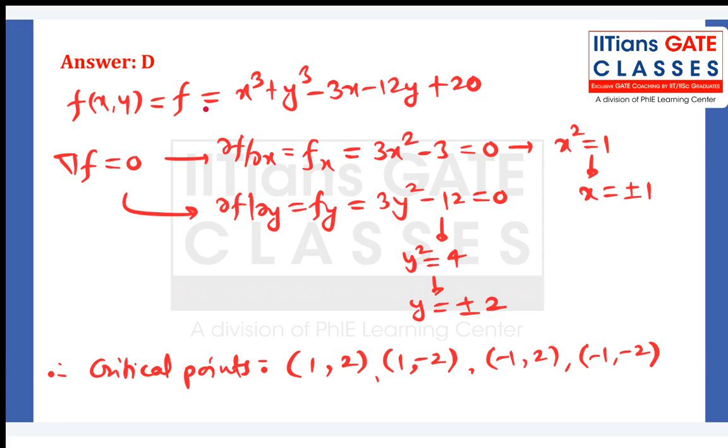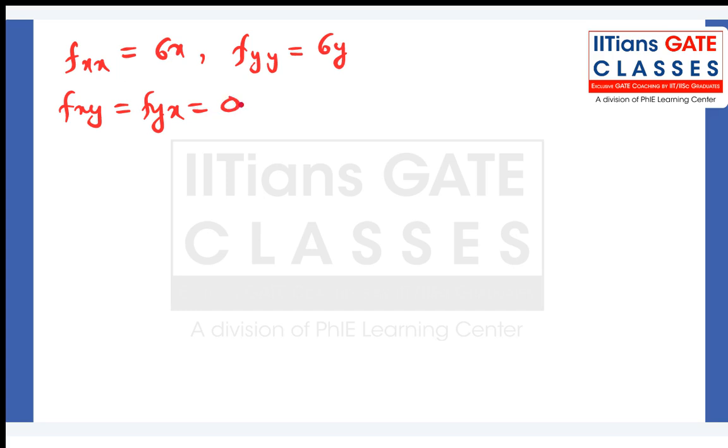Because f_x and f_y are functions of x and y only. So if you differentiate, it will be 0. Okay, so your Hessian matrix is nothing but [6x 0; 0 6y]. So the determinant of this Hessian matrix is nothing but 36xy.